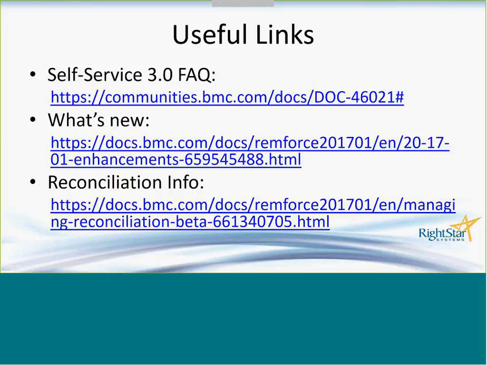Also, go to vox.bmc.com, Remedyforce 2017-01, and it'll have the list of enhancements. There are some other things I didn't mention today, like type ahead, that may be of interest to you. So go to the What's New document, and for details on the reconciliation, in the Remedyforce 2017-01 documentation area there is information on the reconciliation beta.